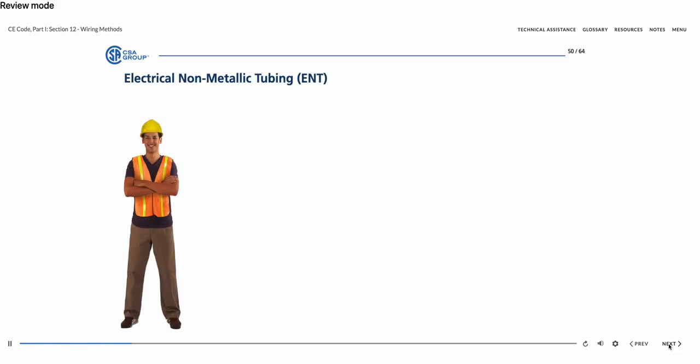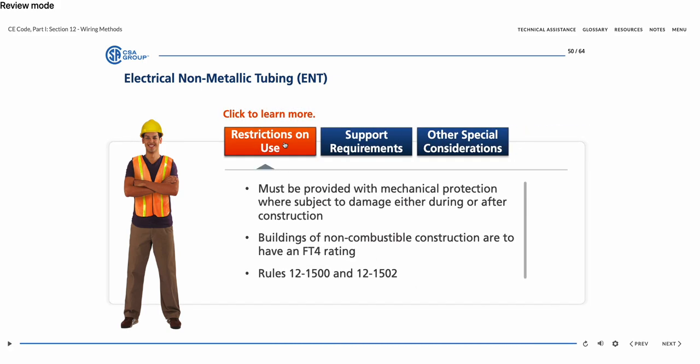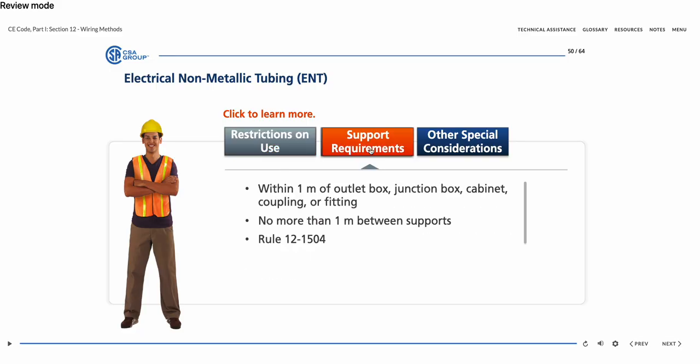Electrical non-metallic tubing, or ENT, is a pliable, non-metallic corrugated raceway of circular cross-sectional shape. ENT must be used with mechanical protection if it is subject to damage either during or after construction. ENT must be supported within 1 meter of an outlet box, junction box, cabinet, coupling, or fitting.